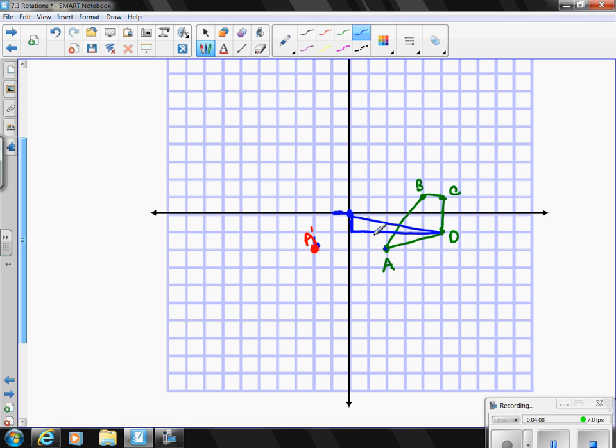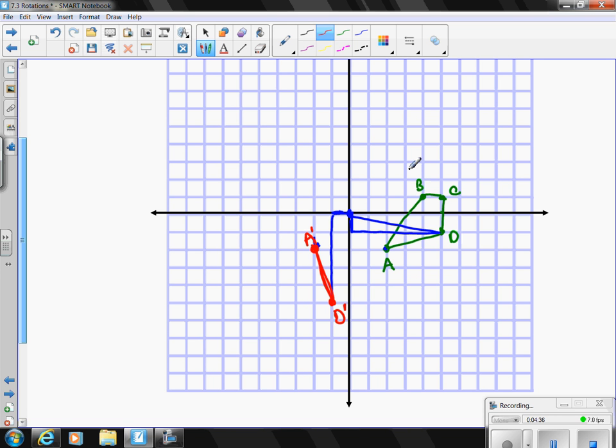And then this side was over 1, 2, 3, 4, 5. Well, now if I spin this up, this thing's swinging this way, I have to go down 5. 2, 3, 4, 5. And that's going to be my resulting point, D prime. So I can connect that point, and I successfully rotated that.